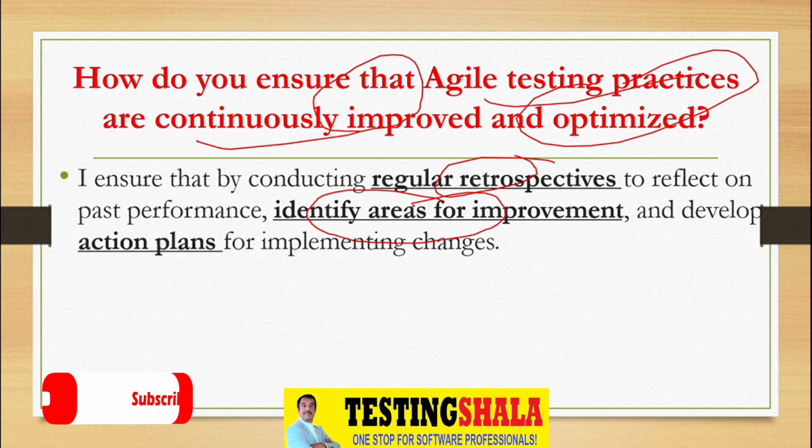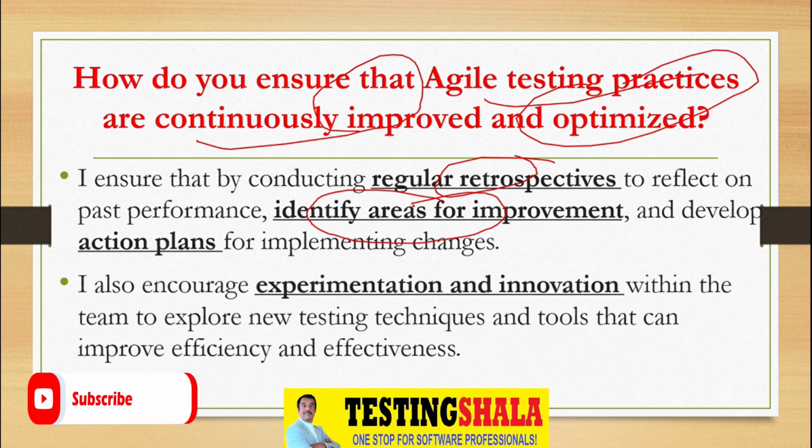We can even bring in certain experimentation and innovation, taking care of new testing techniques and tools. By adopting all this experimentation and innovation, we can definitely improve the efficiency and effectiveness of software testing.